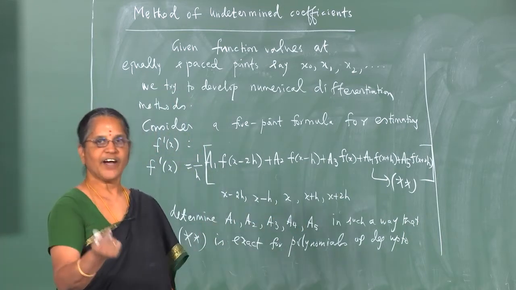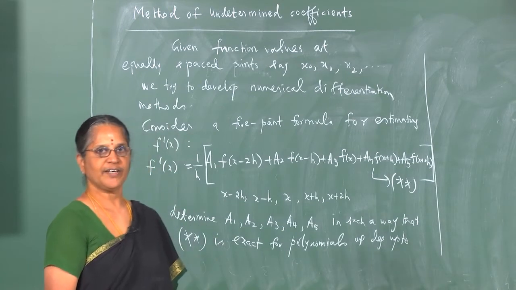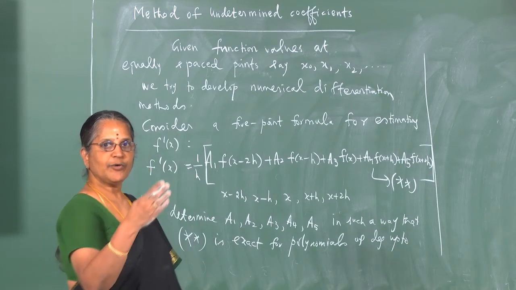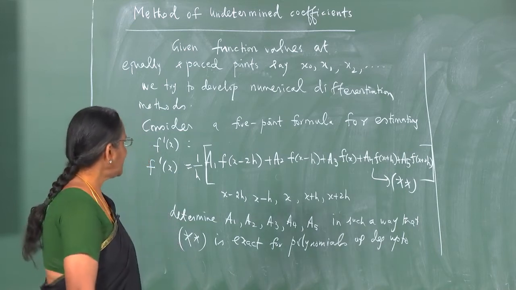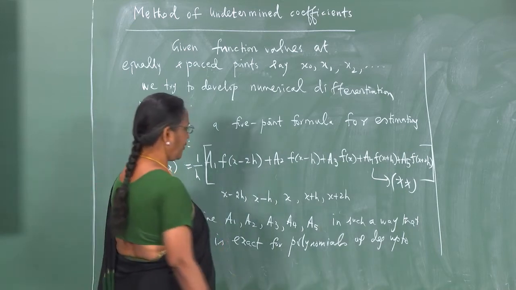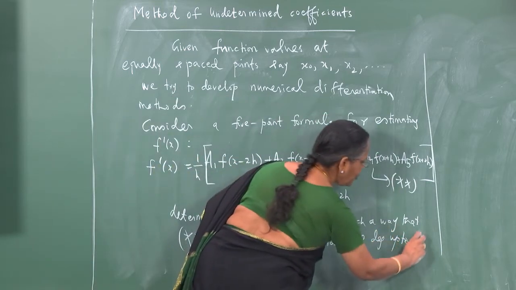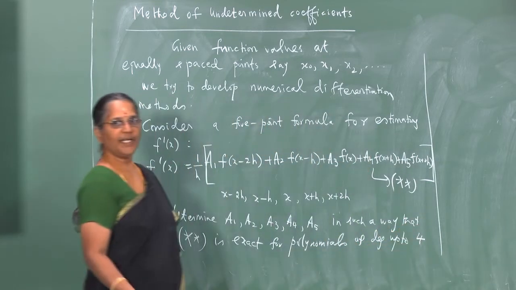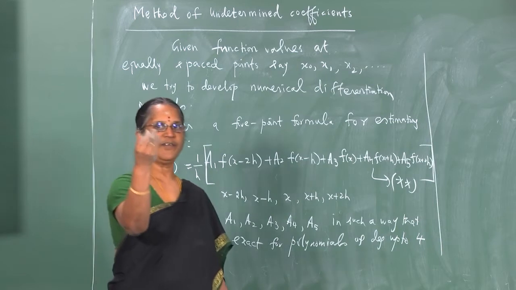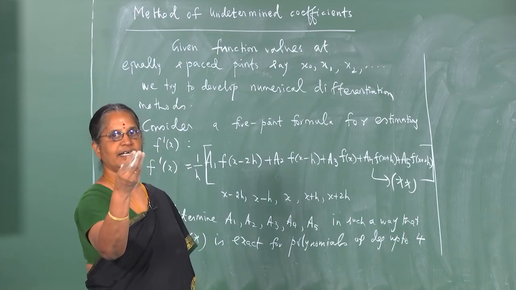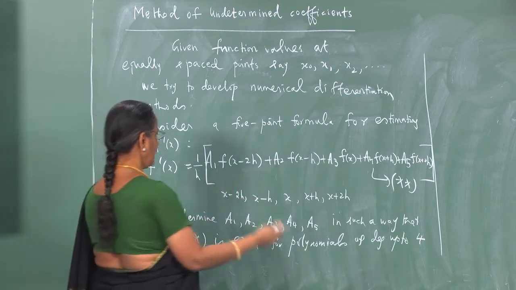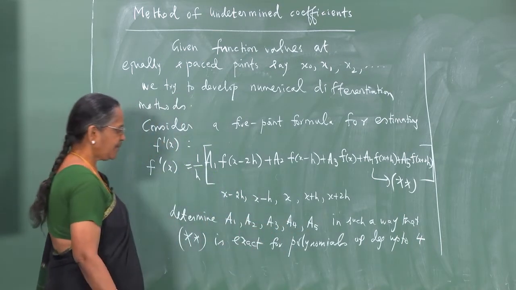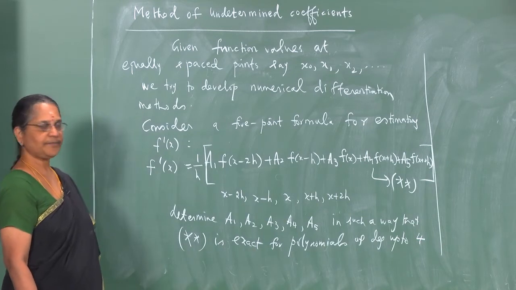So, we require 5 conditions to determine these 5 constants. So, we impose the condition that the method double star is exact for polynomials of degree up to, say, 4. So, we have a constant polynomial, the first degree, the second degree, the third degree and the fourth degree polynomials. So, they will give us 5 conditions to determine these 5 constants.